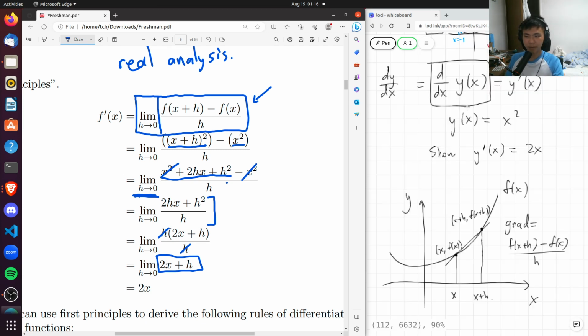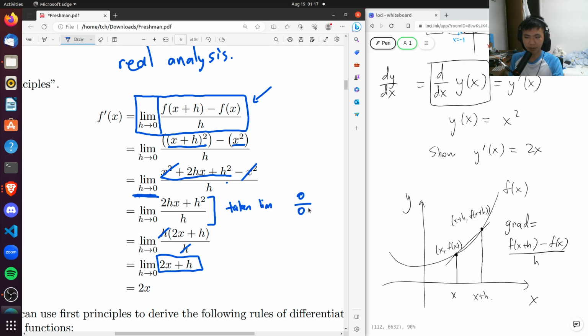So that's how we obtain that the derivative of x squared is 2x. There's something I want to note over here, which is that if we had taken the limit at this point, then we realize that the numerator as h approaches 0 is just 0, and the denominator as h approaches 0 is also 0. This is what we call indeterminate in math.